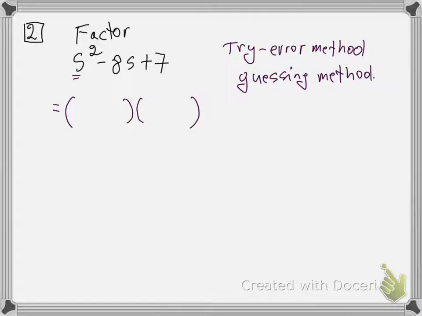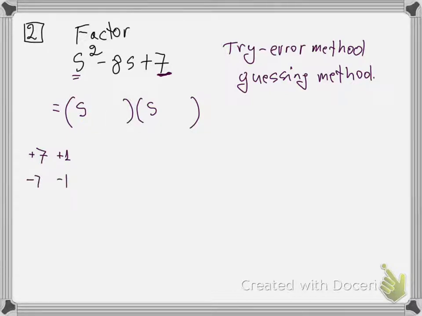In the first terms, we're going to break down s squared as s and s. And then the second terms of the binomials will be factors of 7. So let's look at how we can factor 7. It's a positive 7, so we can factor it as 7 and 1, or -7 and -1.